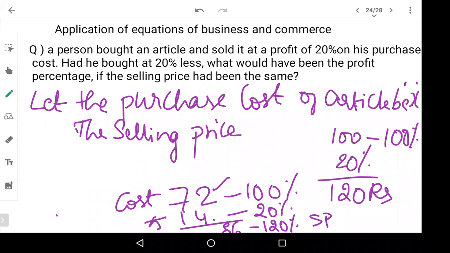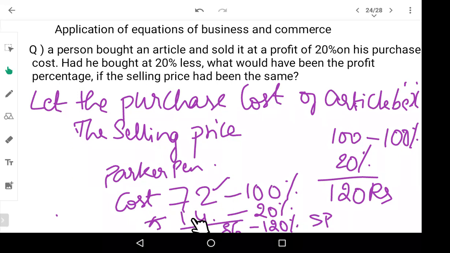Let's say there is a Parker pen which is costing you 72 rupees. You buy the Parker pen from the stationery shop at 72 rupees. You pay full 72 rupees for that. So that is 100% of the price. And then you think, okay, now I've bought this, let me sell it to somebody else. So you will add 20% profit. What is 20% profit? On 72 rupees, if you calculate 20%, 14 rupees profit you will add.